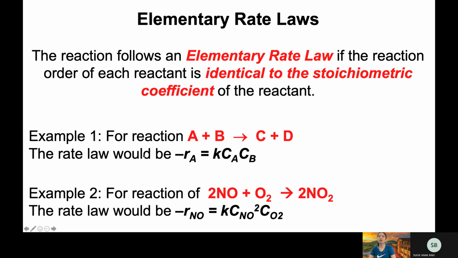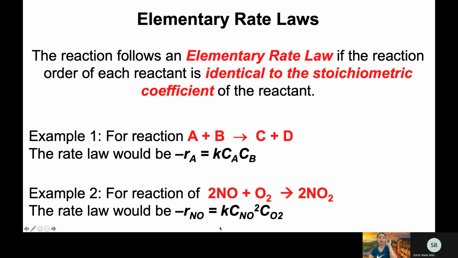Okay, so kita assume again kalau kamu confused, kita nak tahu A, B, C dan D. Okay, always remember dalam chemical equation, the first compound is usually your A. So kita akan kira berdasarkan your A, right? So in this example, nitrous oxide is your A. So minus RNO lah. Okay, so it means the rate of disappearance or the rate of reaction based on NO. Okay, so minus RNO, nitrous oxide equals to K.